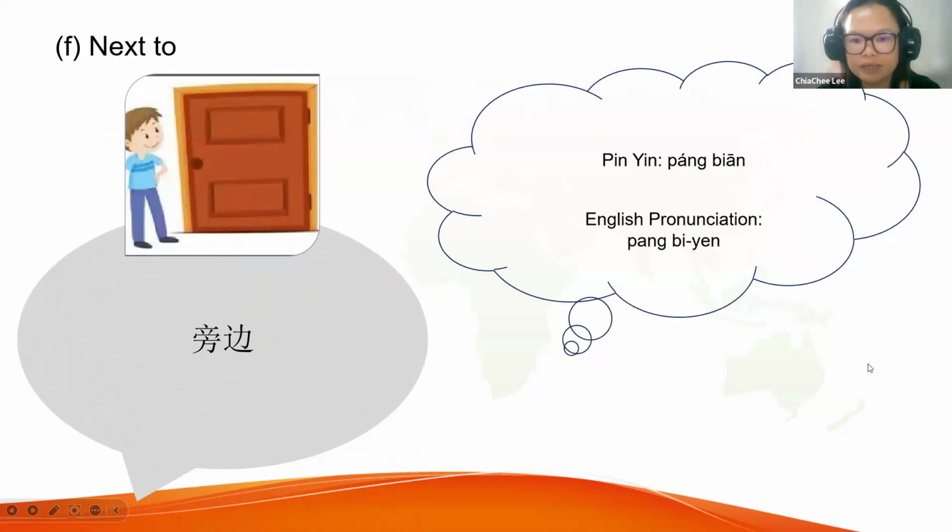So 旁 will be P plus again second tone, 边 will be B plus 边. 旁边 is next to. So we have next to is 旁边, like Miss Lina is next to me. Miss Lina 在我旁边, just parallel level.